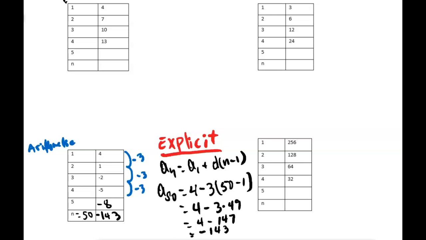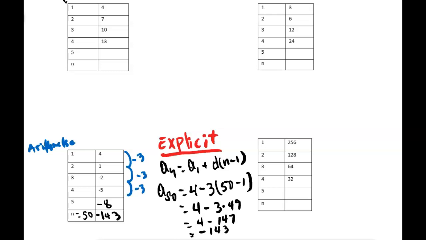Okay, so again, the recursive formula helps you find the next term, but the explicit formula helps you find any term. Let's do our last example here, which is this one. What type of sequence are we dealing with? Looking at 256 and 128, we can see 128 is half of 256.